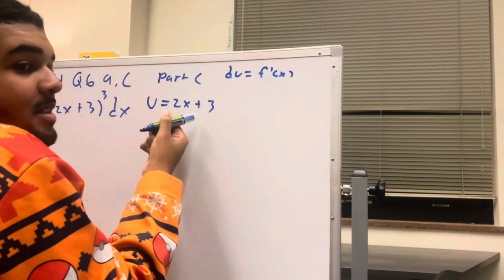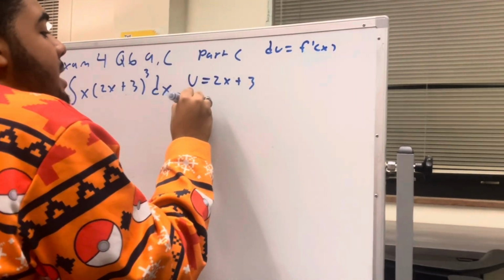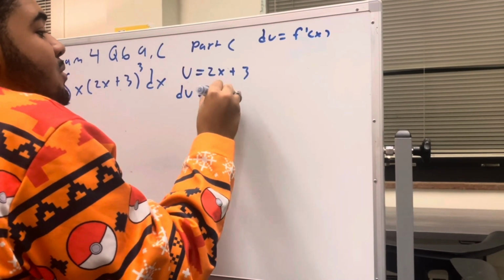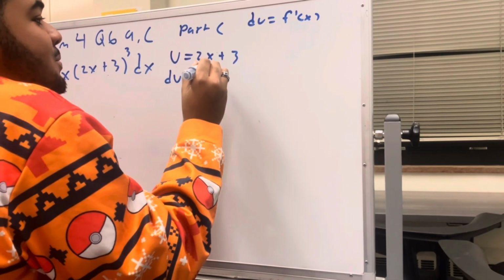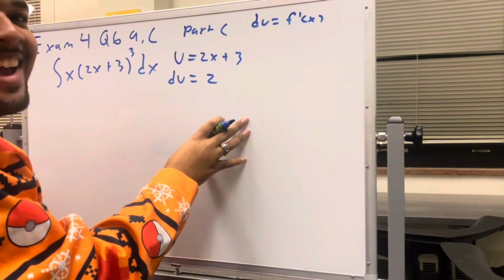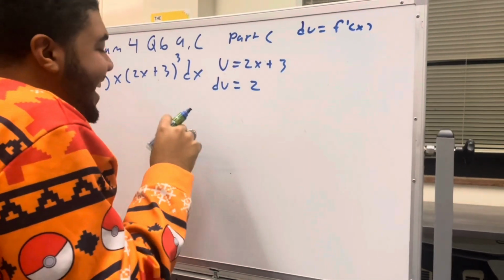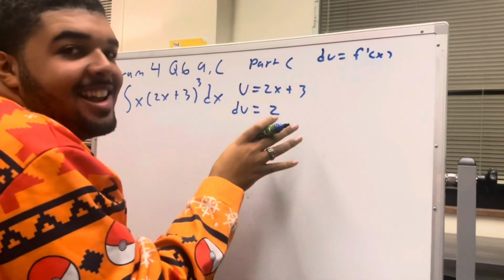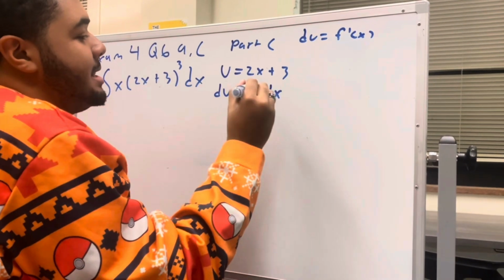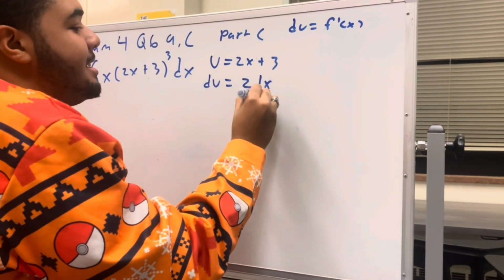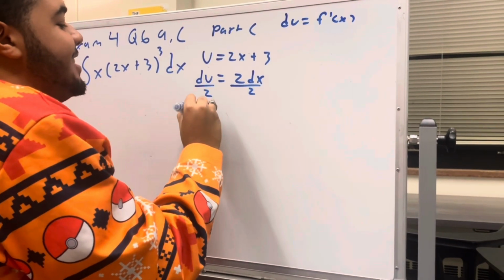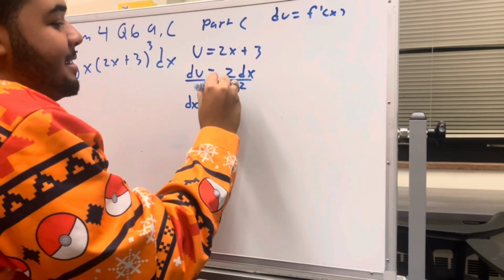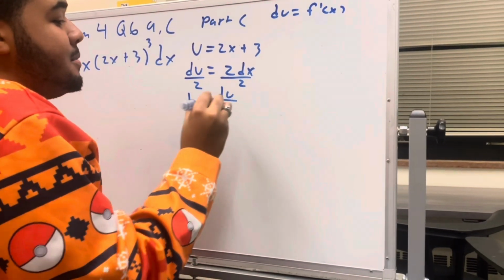So the derivative of this would be 2, right? And then 2 dx, and then you would divide these, and your dx would equal du over 2.